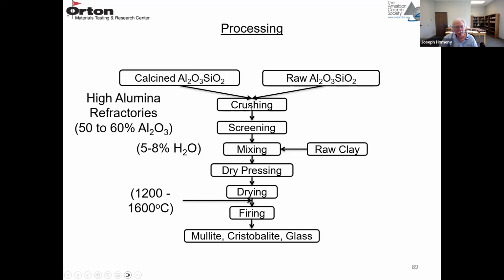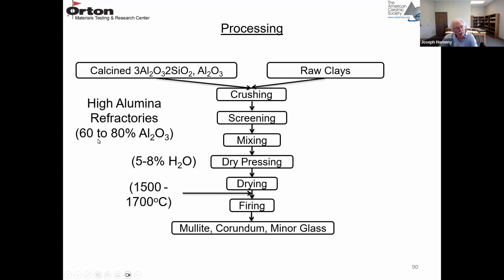Again, the same type of operations: crushing, screening, and mixing. At this point, you may even add a raw clay for plasticity. It's dry pressed, dried and fired, and the temperatures are getting a little bit higher, 1200 to 1600 degrees C for firing. You should end up with mullite, cristobalite, and glass, those three phases.